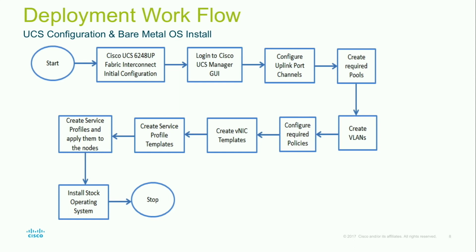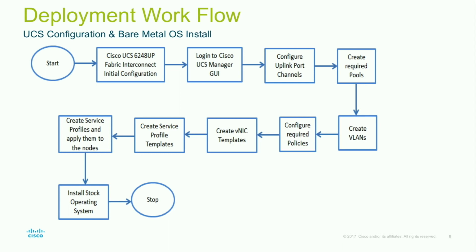So what we have done is we created server pools inside the UCS environment, and each server pool has different characteristics. For example, controllers need a different type of setup, DTR nodes need a different type of setup, and worker nodes need a different type of setup. So we created 3 service profile templates, and we attached pools to them.